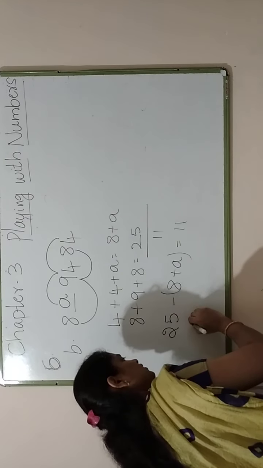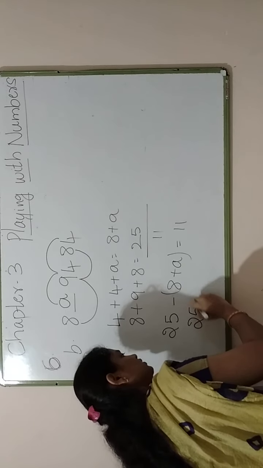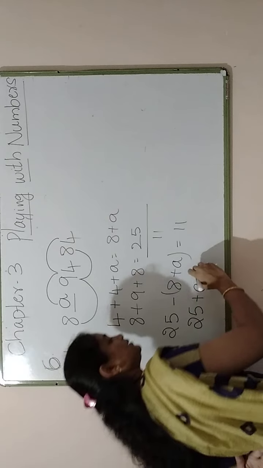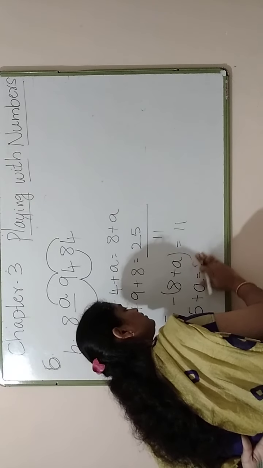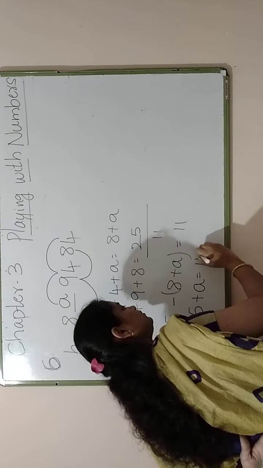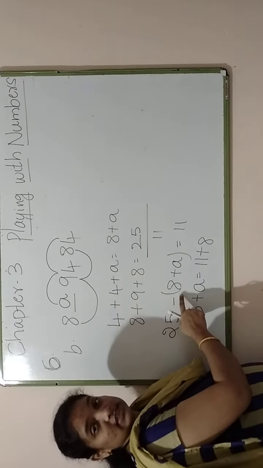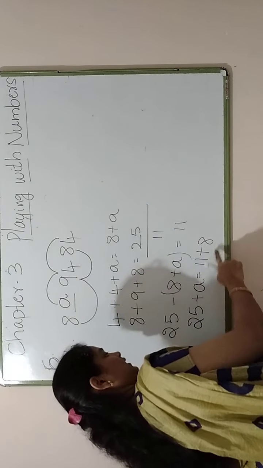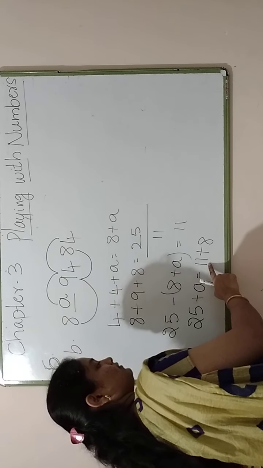So that is 25 plus a is equal to, minus 8 goes to that side and it becomes 11 plus 8. I am sending this minus 8 to that side, so that will become plus 8, equal to 11 plus 8.